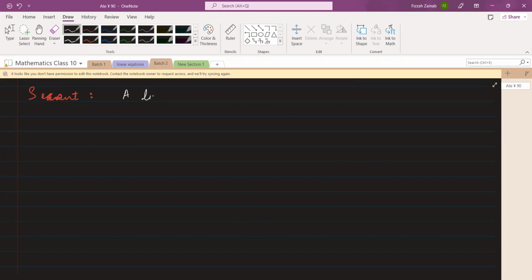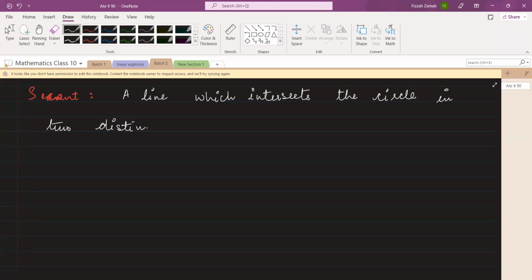So a line which intersects the circle in two distinct points is called a secant.